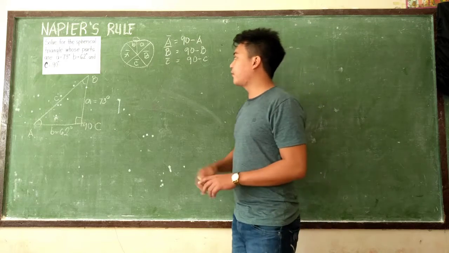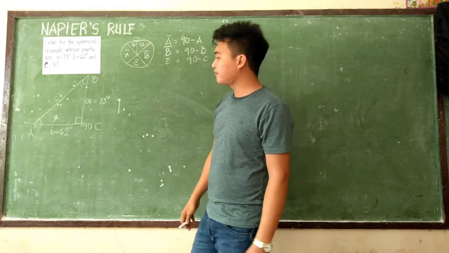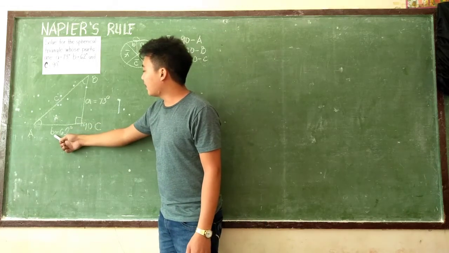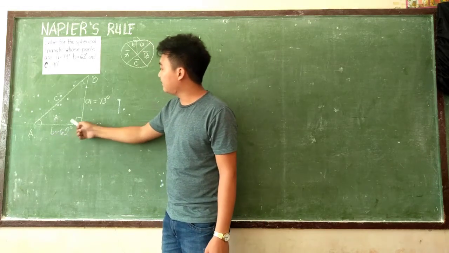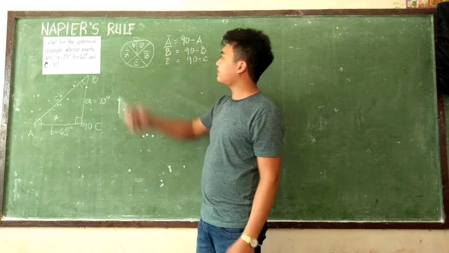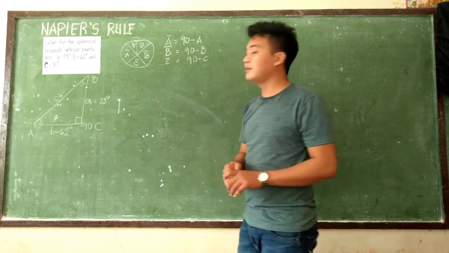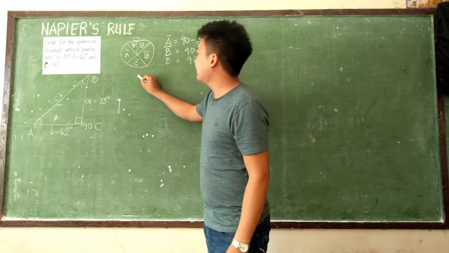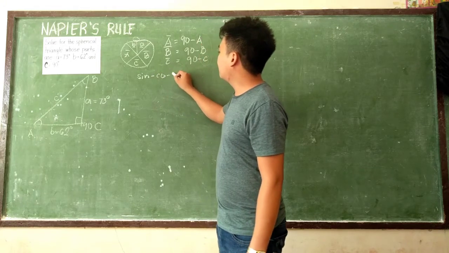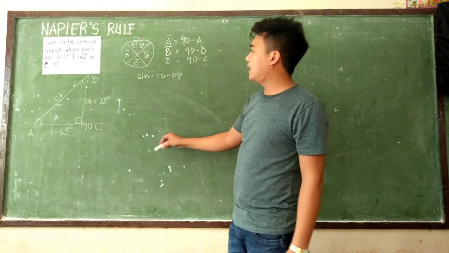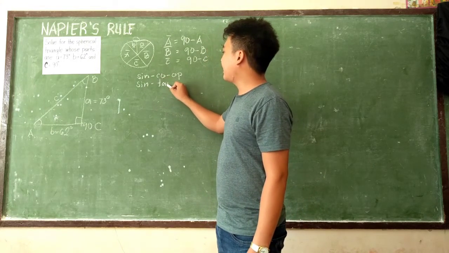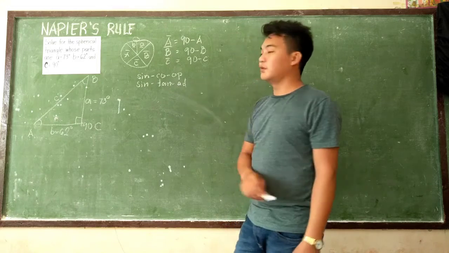So, for example, let us have this problem. So, as what you have observed, the given is only B bar, the side B and A. So in Napier's rule, we have two rules: the sin co rule and the sin tan rule.